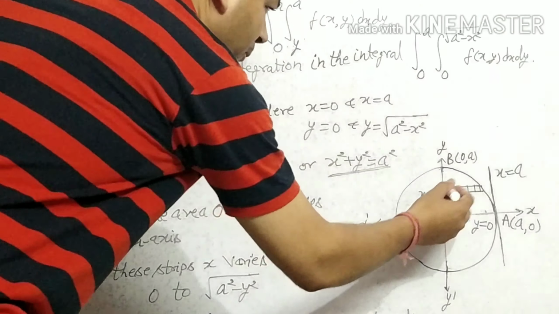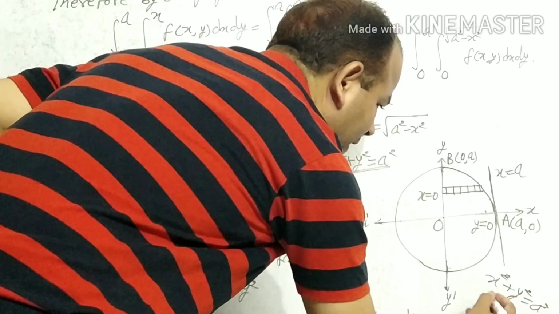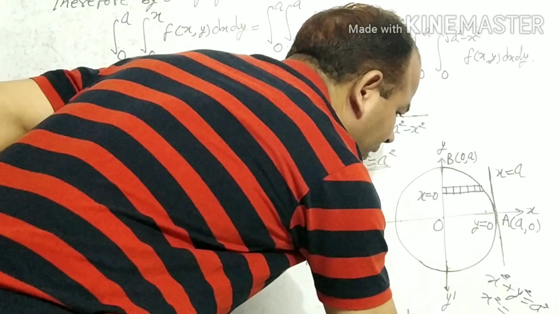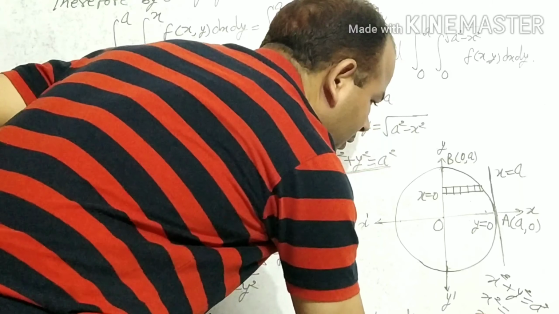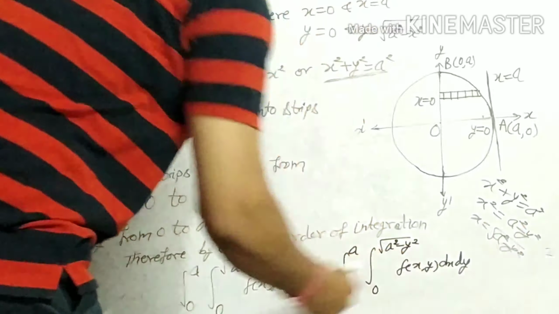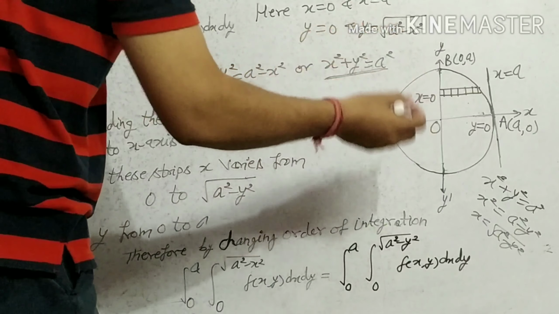Since x square plus y square equal to a square, x square equal to a square minus y square, so x will be under root a square minus y square.